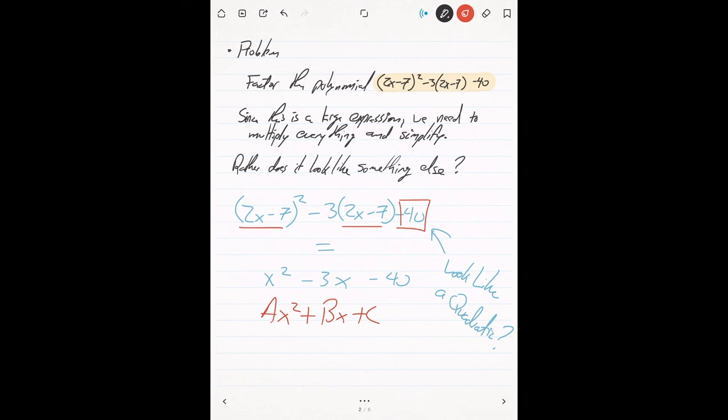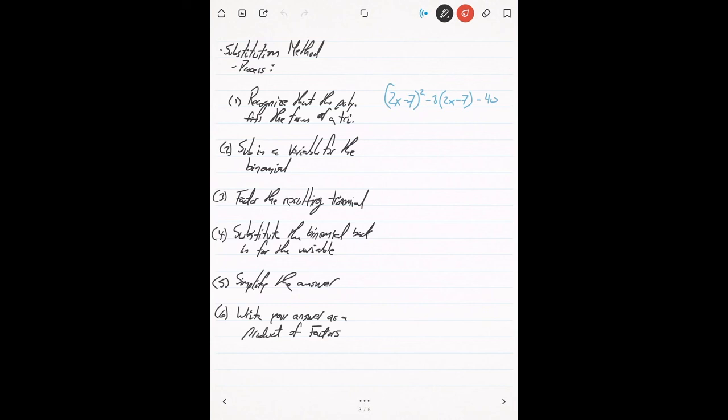What we're going to do is take the fact that this resembles, or rather fits the form of, a quadratic. We're going to use that idea to factor this down a little more easily than before. Here is the substitution method, the process for it.